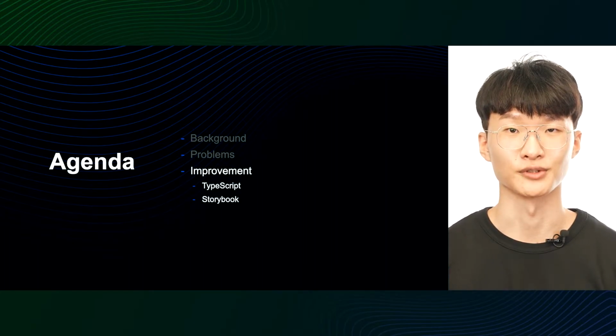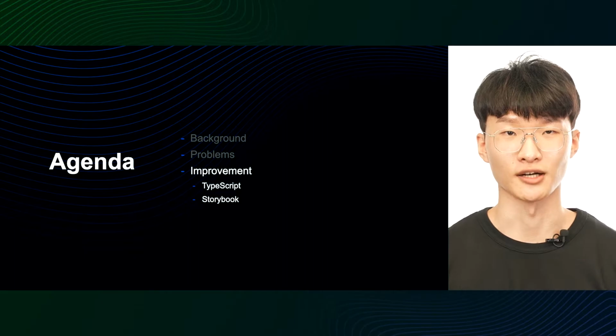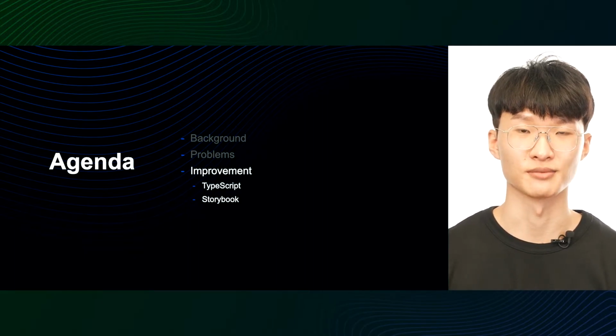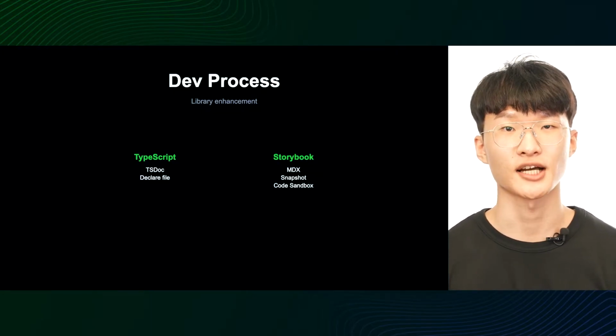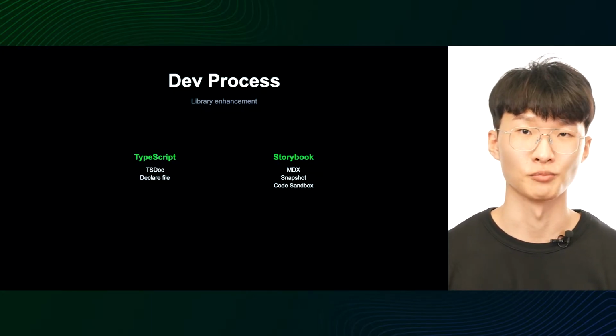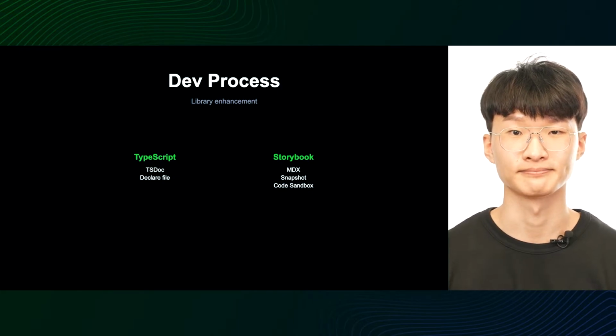Now, based on the core values previously mentioned, I am going to share how we reflected these values into UVP and what achievements were made in the process. The purposes of the improvements with TypeScript and Storybook are slightly different.